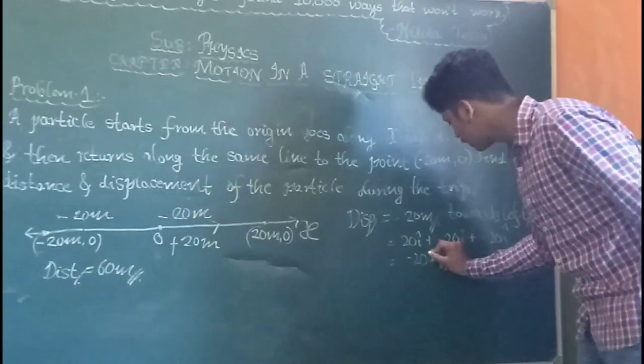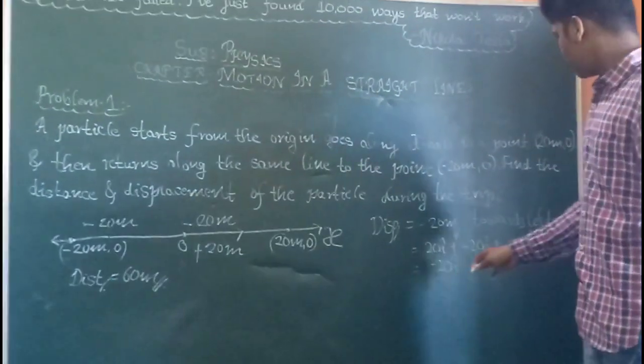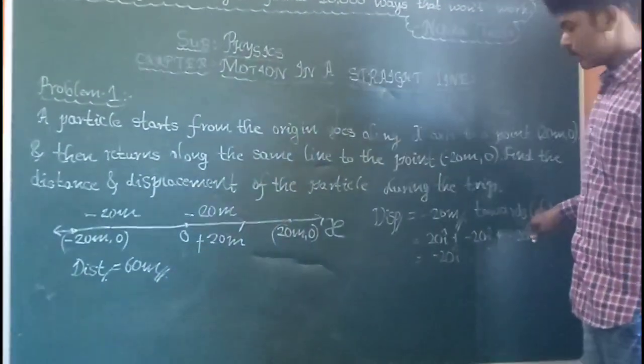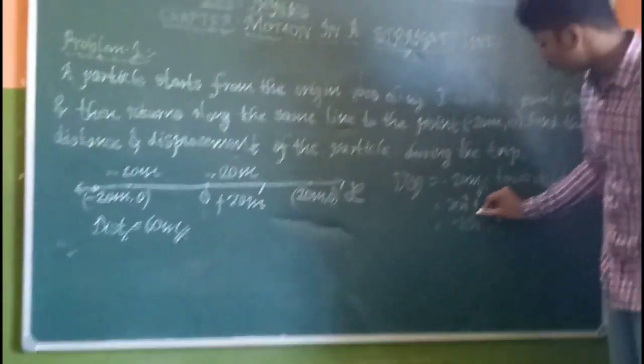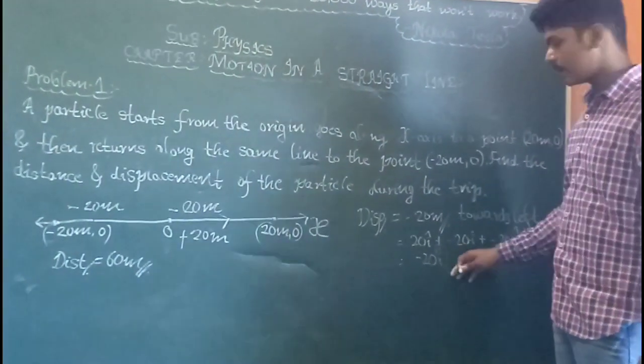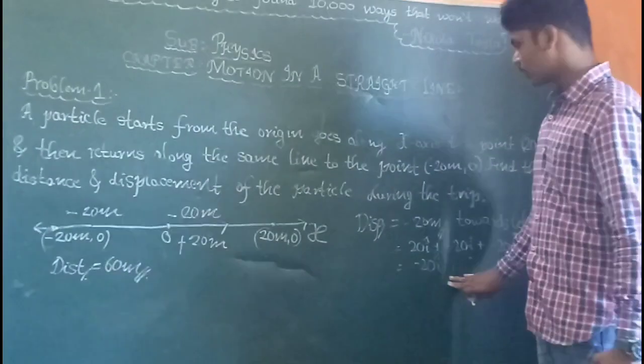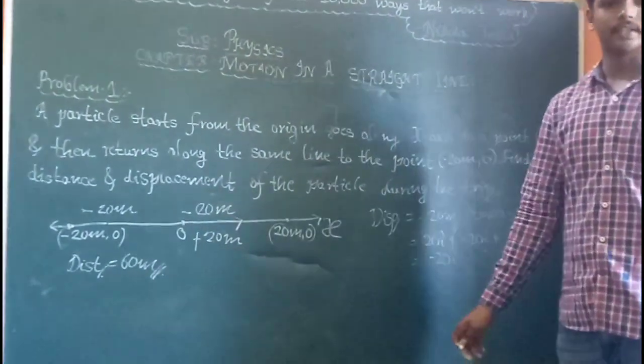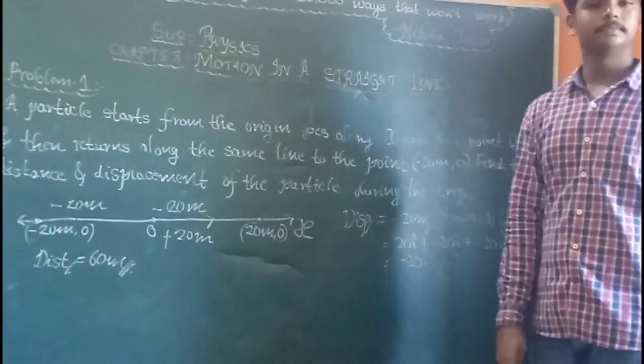If you write in vector notation, there is no need to write the direction, because the vector notation gives you the direction, towards the left. This is the first problem. We will see the next problem.